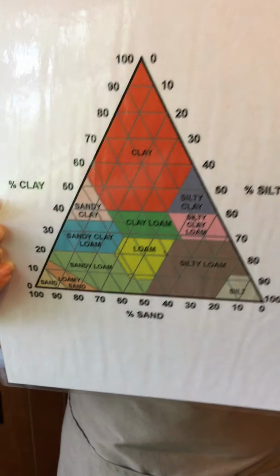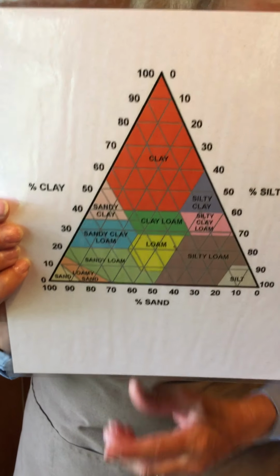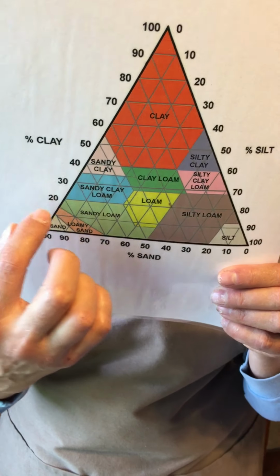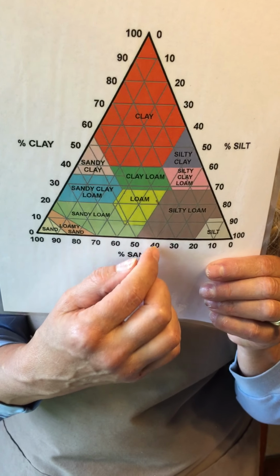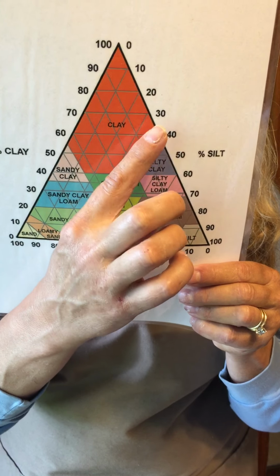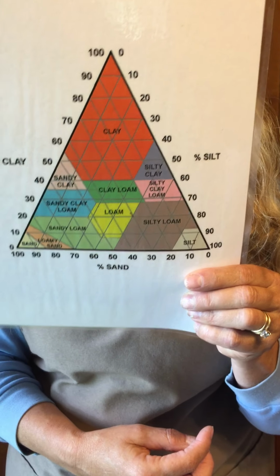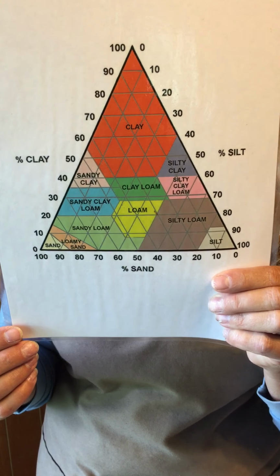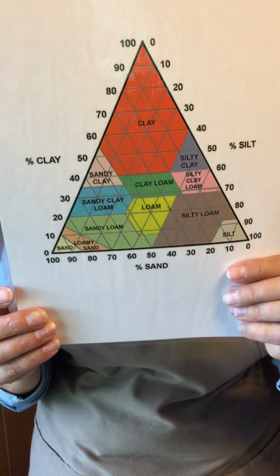So I told you that a loam is the best type of soil for growing plants, and it is. Let's see, we take the clay, and it's about 20% clay. Now let's move up 40% from sand, and 40% from the silt side, and there's your loam right there. The perfect combination of particle sizes for soil for growing plants.